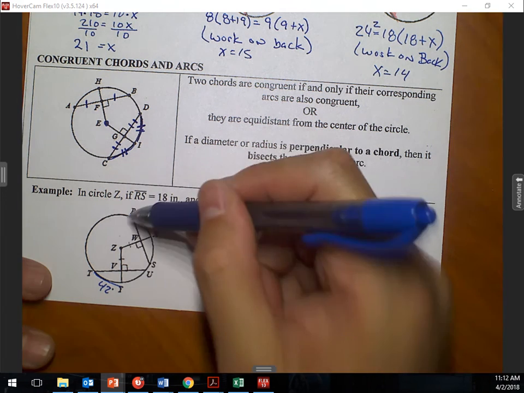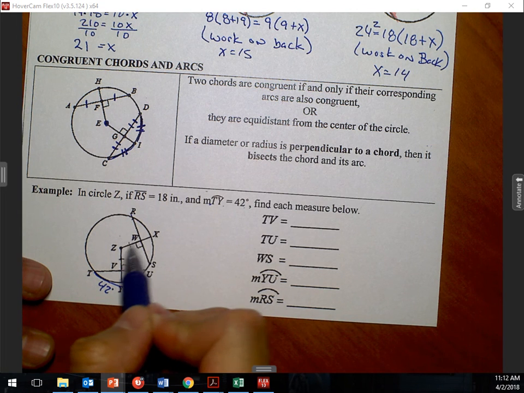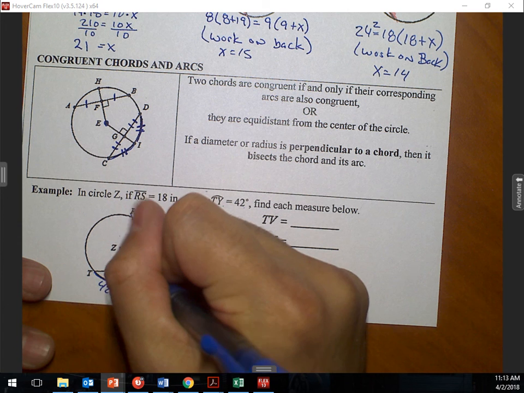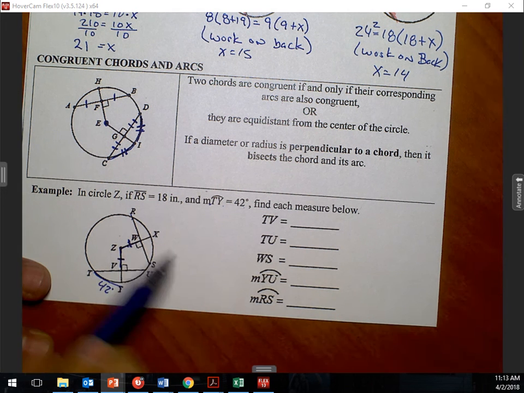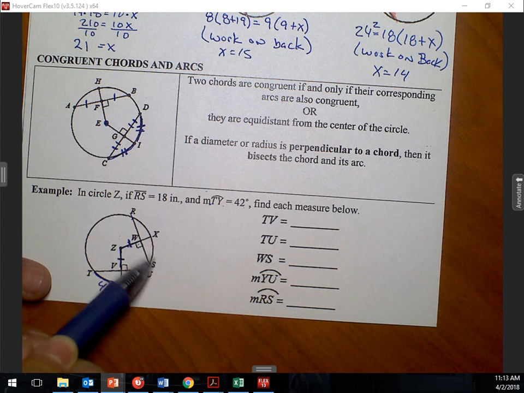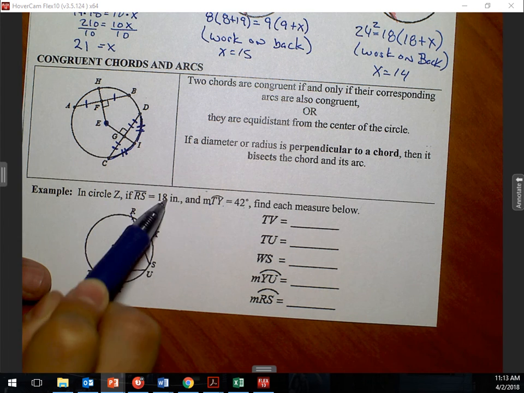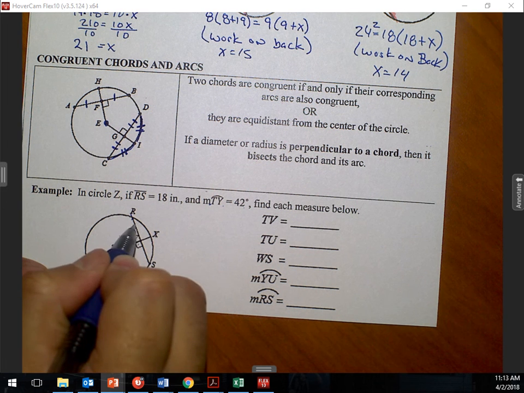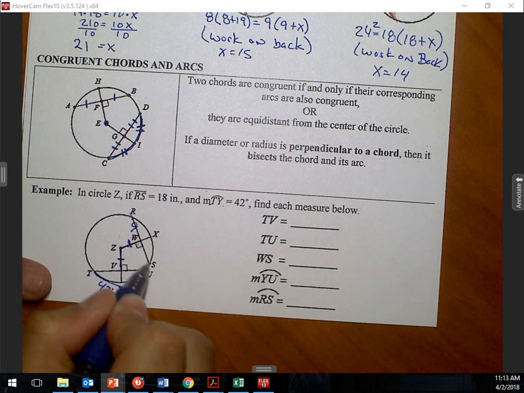If you notice right here, there's a tick mark there, and there's a tick mark there. It's perpendicular here, so it's bisecting RS. So if RS is 18, what is RW? 9. What is WS?